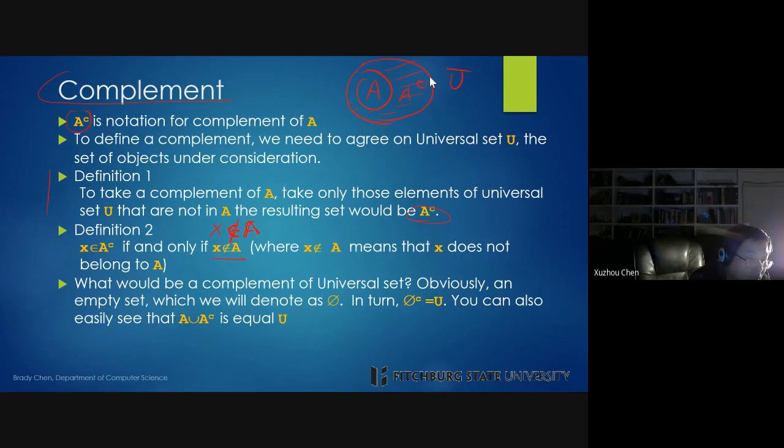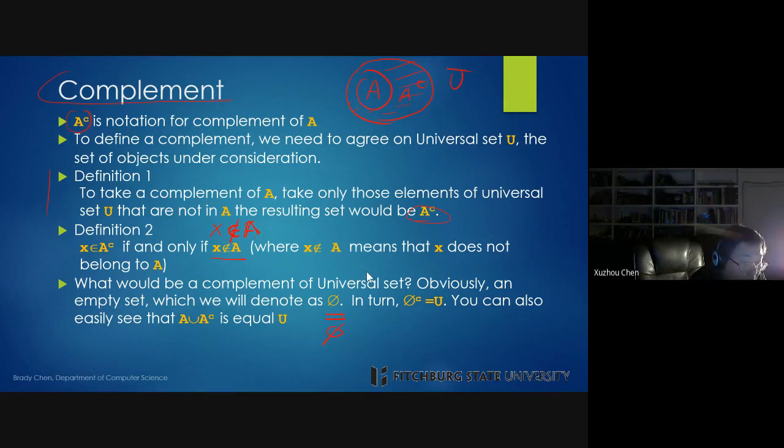In a special case, when A is an empty set, that means A does not contain any element. We normally use the Greek character phi to denote the empty set.